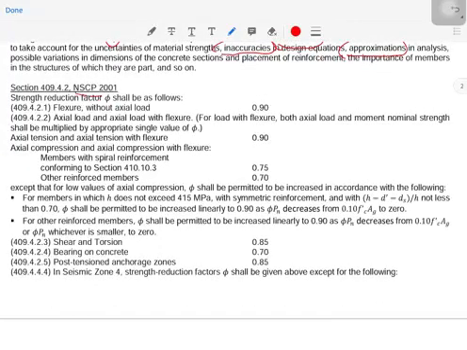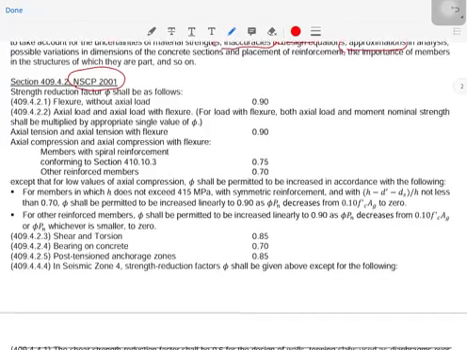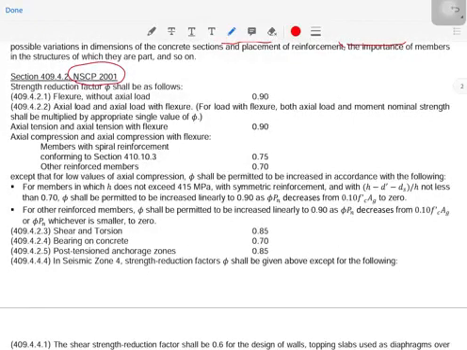Okay, so for NSCP 2010, the strength reduction factor φ shall be as follows. For flexure without axial, meaning if you will be analyzing a moment, your reduction factor would be 0.9.